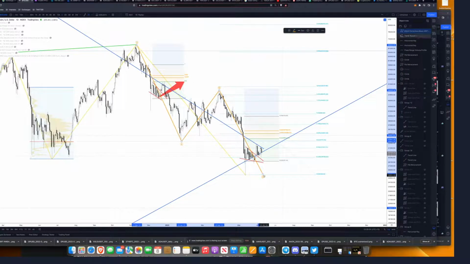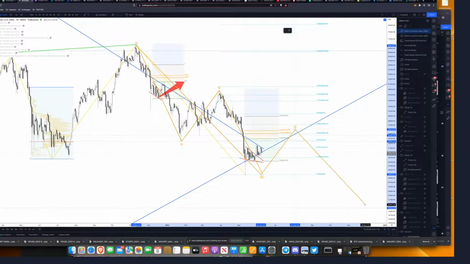So this is potentially a massive reversal. However, imagine this is wave A, and this is wave B. Where's wave C? Right? So we've got a few scenarios. I think it's more of this picture. I do think this is more likely.